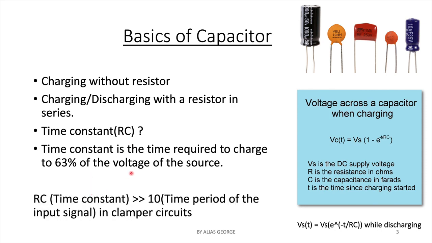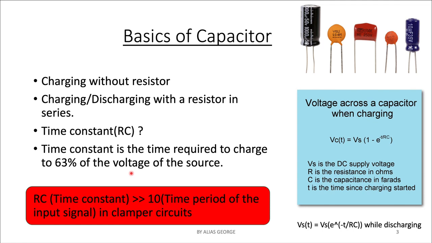Next concept is that we have gone through all the basics of the capacitor, and what is important in the case of clamping circuit, we will be connecting this capacitor to our clamping circuit. In order for our clamping circuit to work perfectly, there is one very basic condition: the RC constant should be greater than 10 times the time period of the input signal.